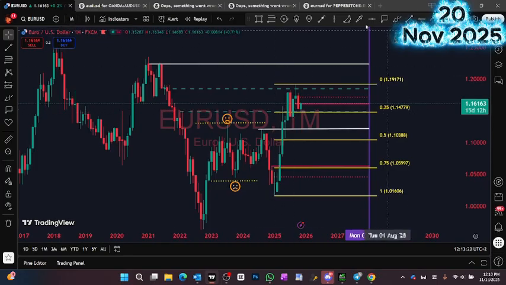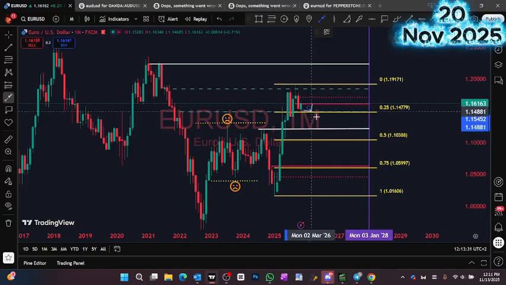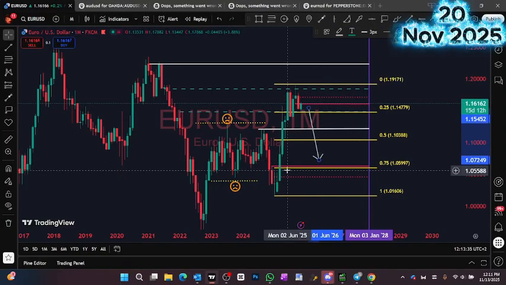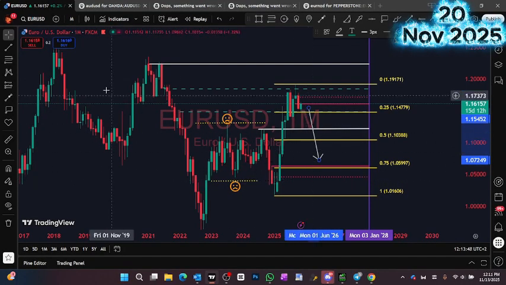According to the monthly, we need to bounce from the middle here and then go down towards the 75%. Remember, underneath the 75, it's called the discount.